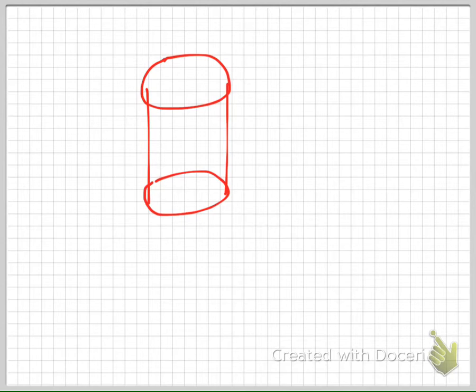Now, let's look at this. It's called a cylinder. What else could I call that? A can. What else could I call it? A circular prism. Now, why would I be allowed to call this a circular prism? Because it has circles as the base. What makes it a prism? It's congruent bases. Wouldn't that be a cylinder?